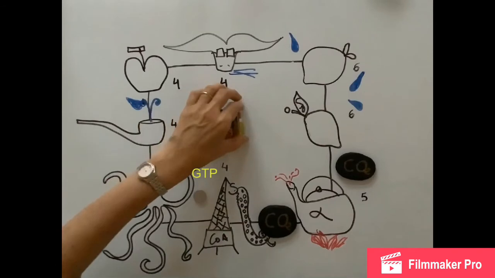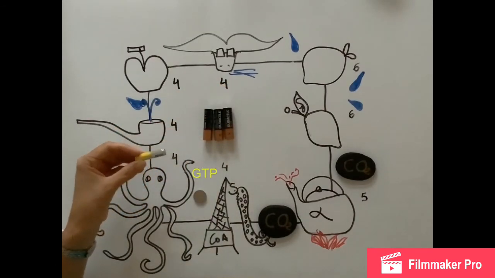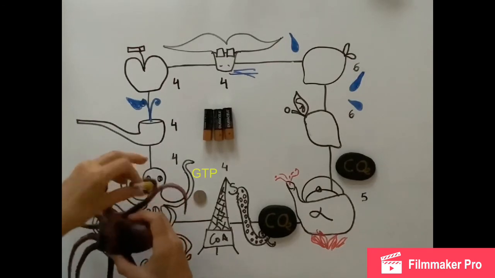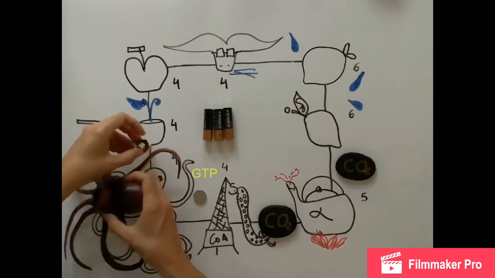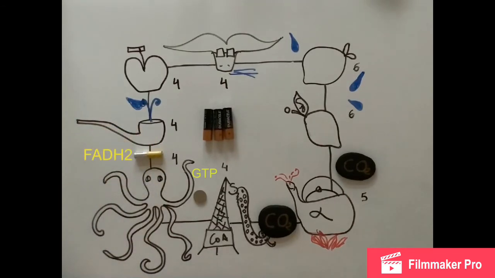Then this one, which is slightly larger, is equivalent to 2 ATPs. And this one is going to be here. Basically, the succinate is going to give it to the fumarate.